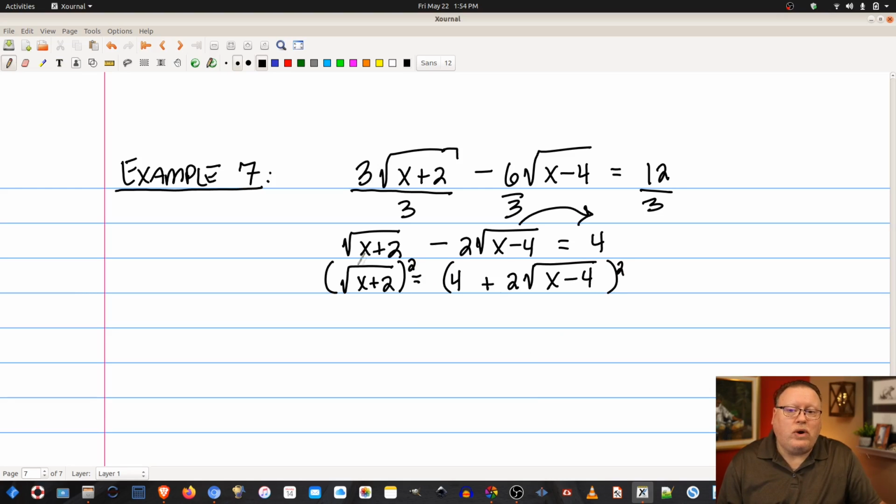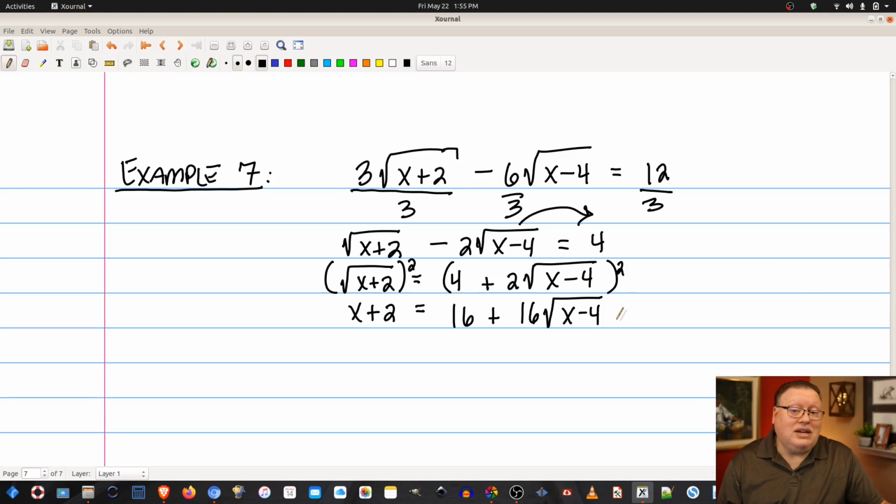And remember, squaring this radical gives me what's under the radical, which is x plus 2. Here I have 4 times 4 is 16. Plus, this is 4 times 2 is 8 times square root of x minus 4 times 2, again, is going to be 16 times the square root of x minus 4.